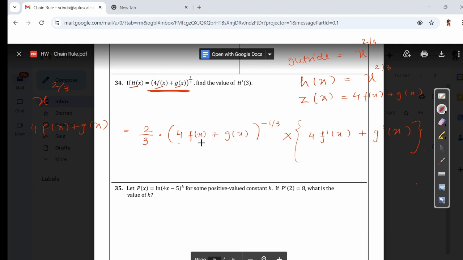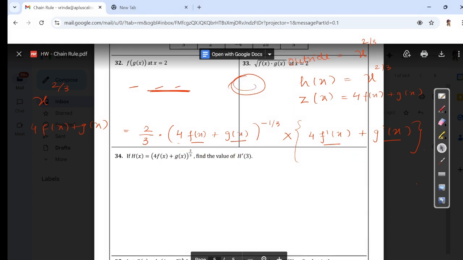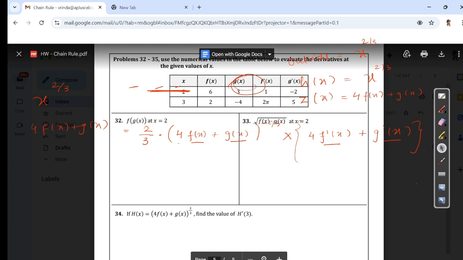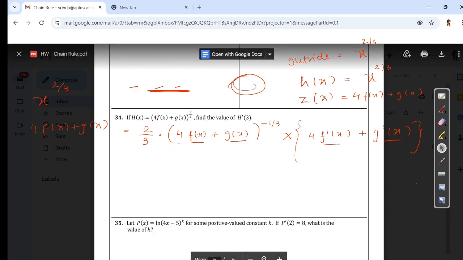And now you know the values of f of 2, g of 2, f prime 2, g, no, sorry, here you have to find out for 3. So f of 3, g of 3, f prime 3, g prime 3, you can put the values.